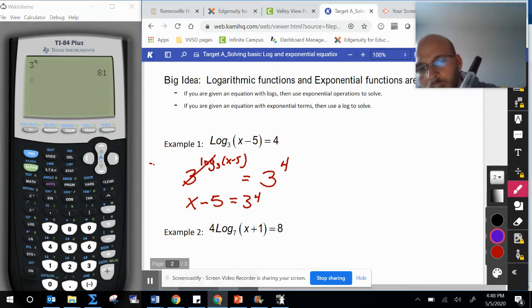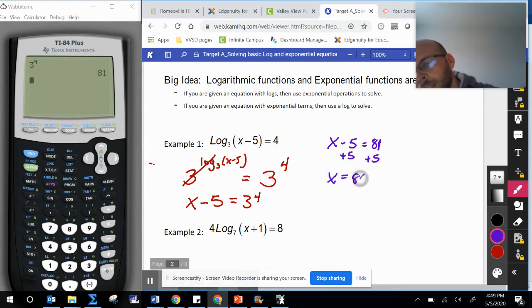So to finish this off, I'm going to say x minus 5 equals 81. If I add 5 to the other side, I know then x has to be 86. Okay, and that would be your final answer.